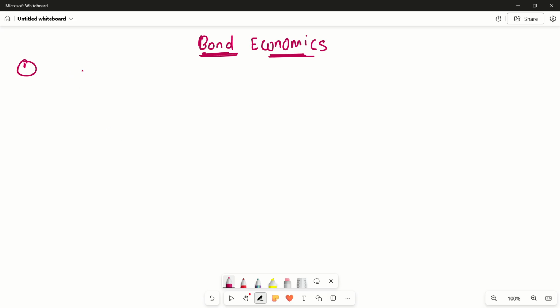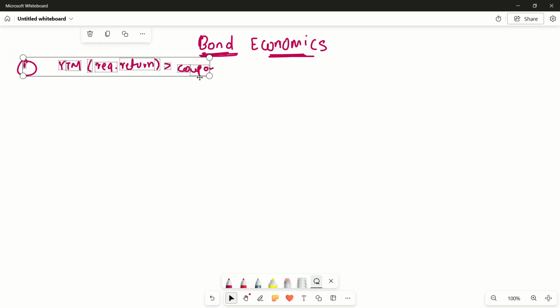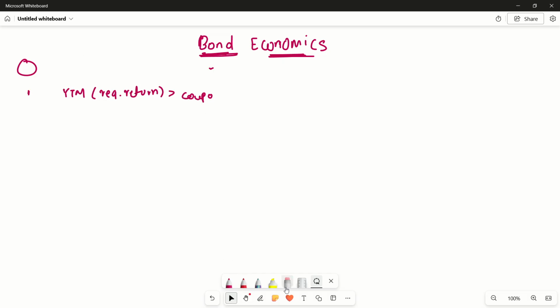Let's read this statement, which basically says that if the YTM, or the required return of a bond, is more than its coupon rate, a bond sells at a discount.